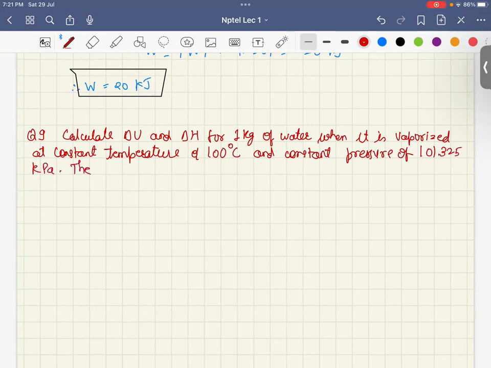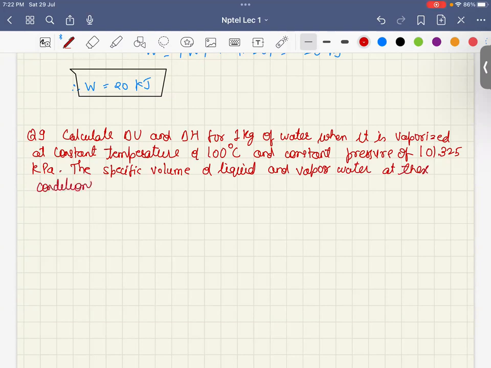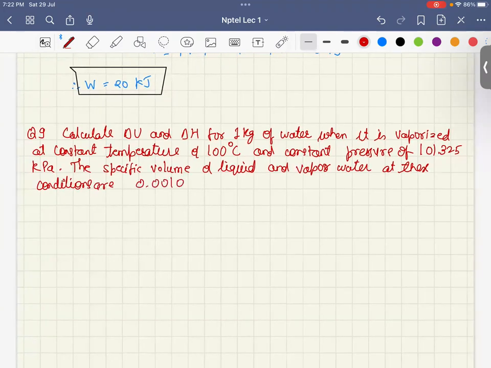kilopascal. The question is similar to the one which we have solved. The specific volume of liquid and vapor water at these conditions are 0.00104 and 1.673 meter cube per kg.